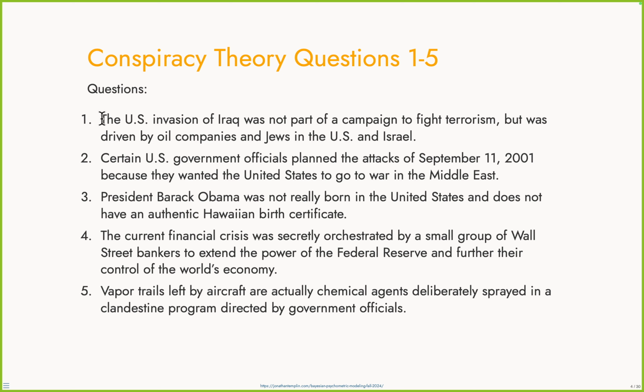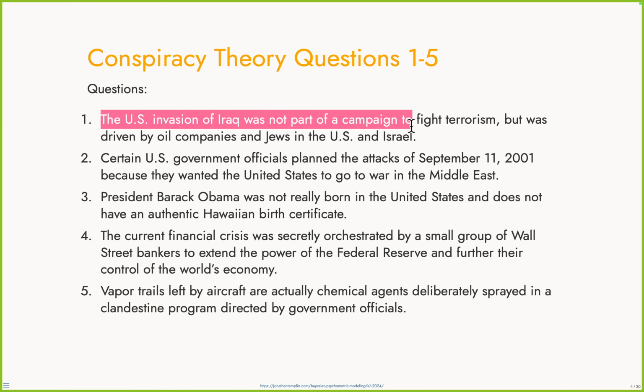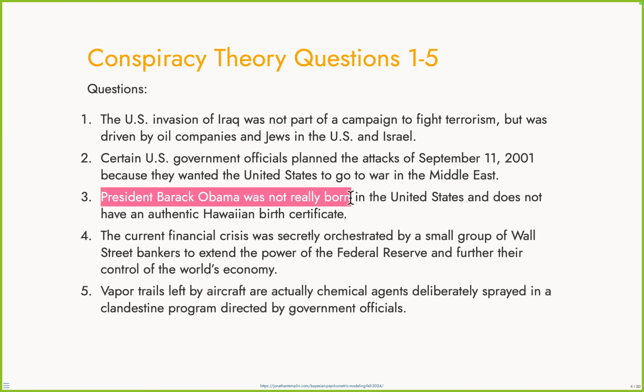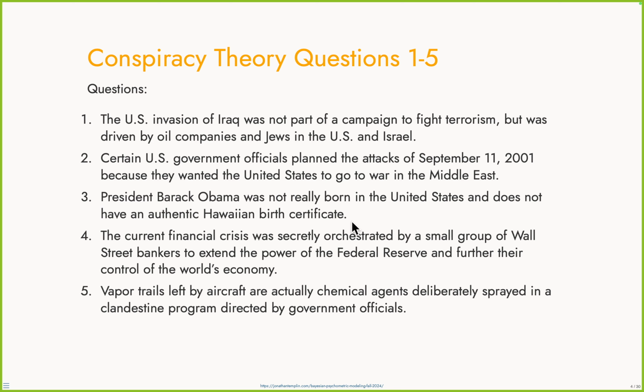Questions. And again, this is making me uncomfortable, so maybe I should probably not use this. The U.S. invasion of Iraq was not part of a campaign to fight terrorism, but was driven by oil companies, and there's anti-Semitism behind that question. Certain U.S. officials planned the attacks of September 11th. Barack Obama was not really born in the United States. That was a huge one at the time. That was disgusting. The financial crisis of that time was caused by Wall Street bankers. Basically, the gist of this, right?